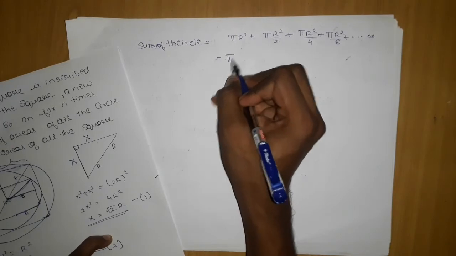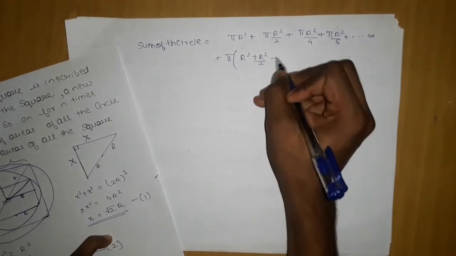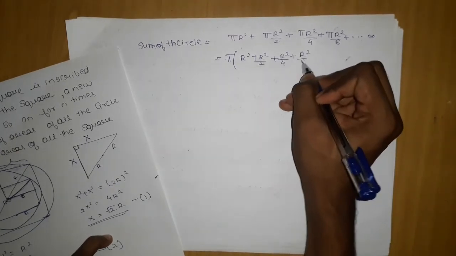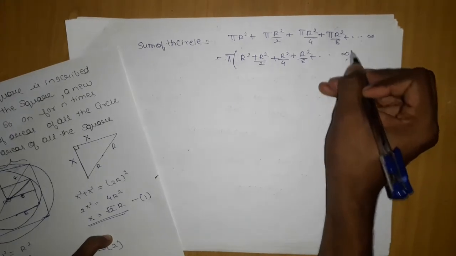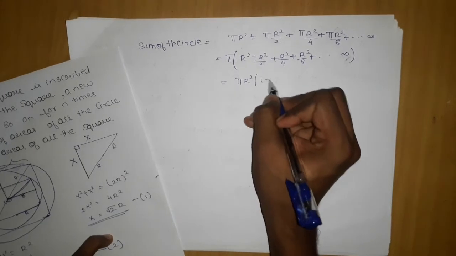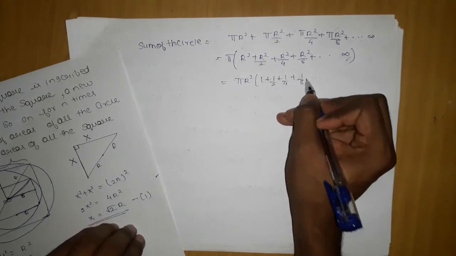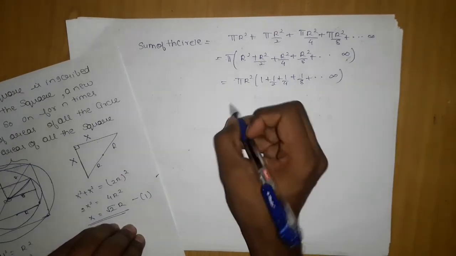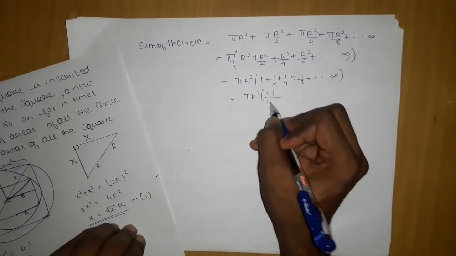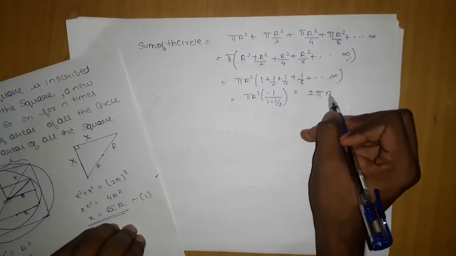One thing I can do is take pi common, giving me r square plus r square by 2, r square by 4, r square by 8, until infinity, finally giving me pi r square times 1 plus 1 by 2 plus 1 by 4, 1 by 8, and so on till infinity, giving me finally pi r square into 1 upon 1 minus 1 by 2, giving me 2 pi r square.